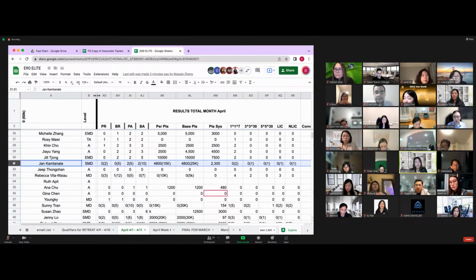Yes. And then Jeep, this month, even though she has no license, my goal is to make sure that she continues to make money. So this month she has the second policy approved, and she can make money. And under Jeep, we have 1 person taking the license at the end of the month.